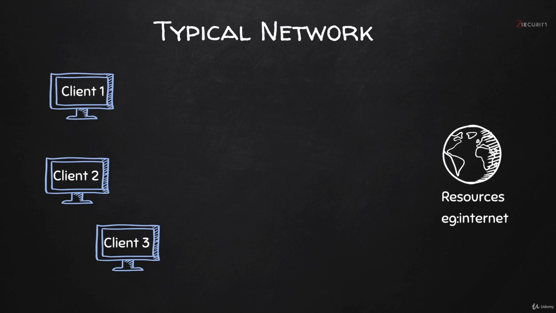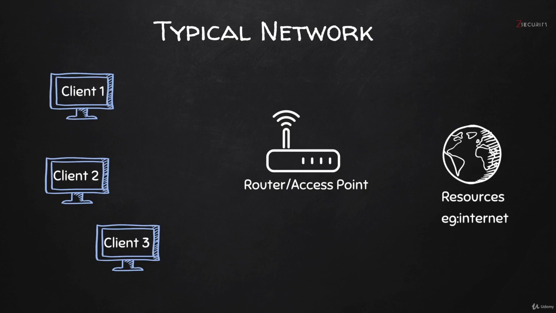All networks, whether Wi-Fi or wired, work on the same principle. They have a device that is considered a server. In many cases, for example in your home network, this server is your router, which is also referred to as an access point.